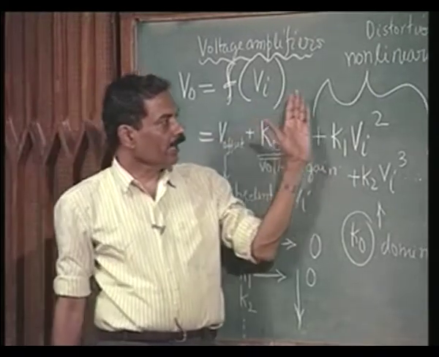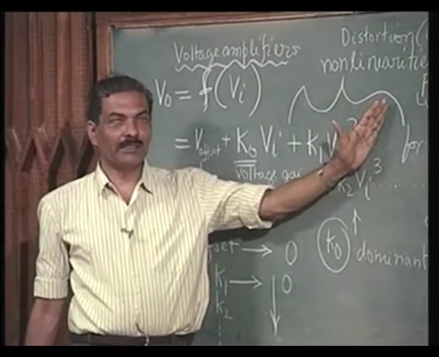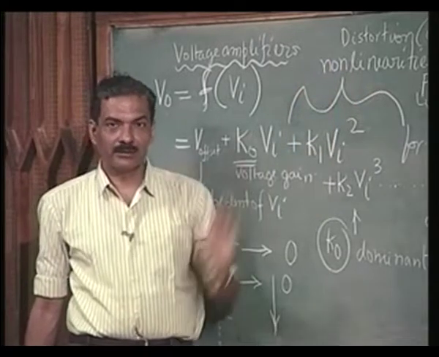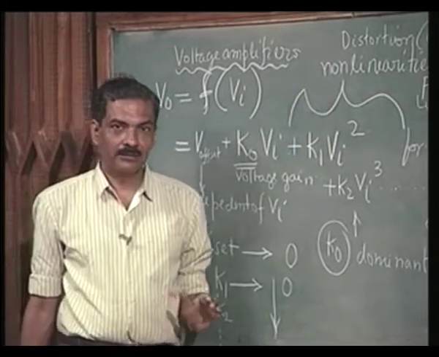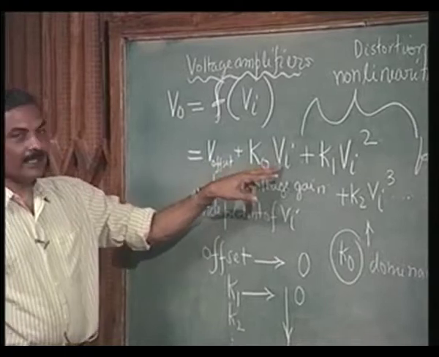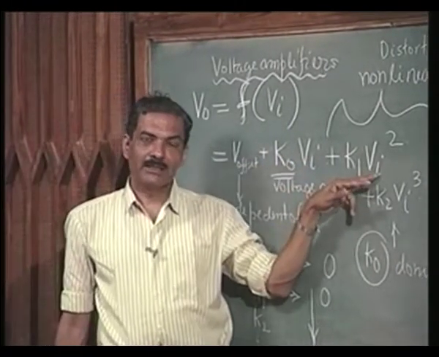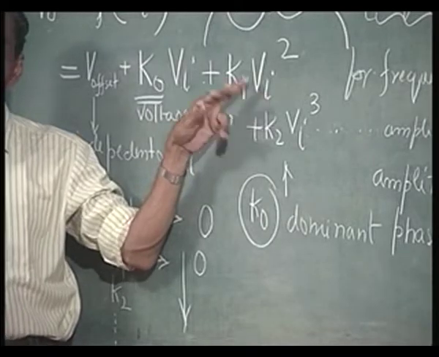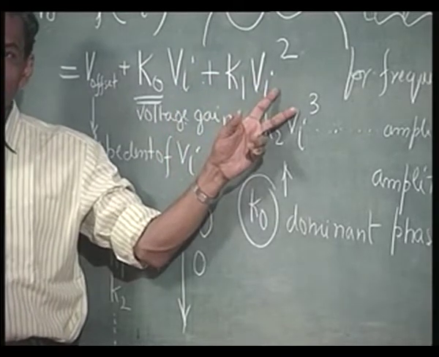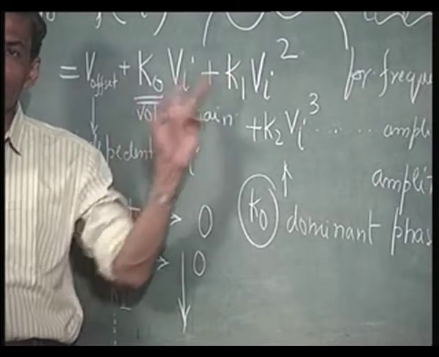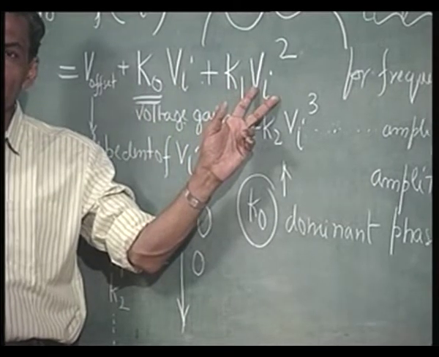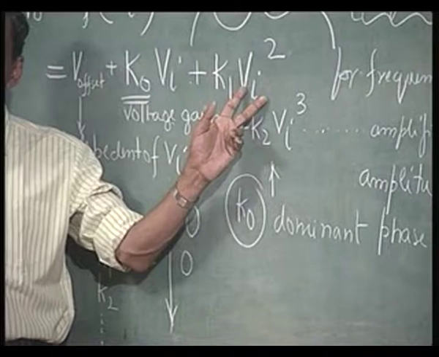If you have the nonlinearities coming into the picture, that will cause distortion. So, if Vi is a sinusoid, for example, Vi squared will become sin squared. So, it will have harmonic components. At the input there was no harmonic, it is now generating a harmonic at the output.